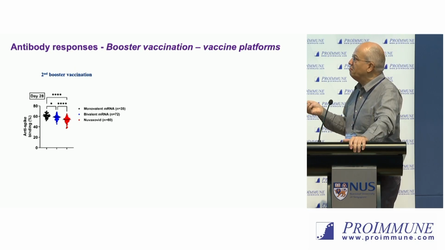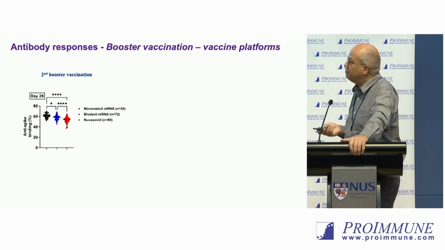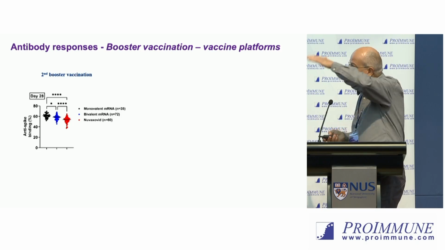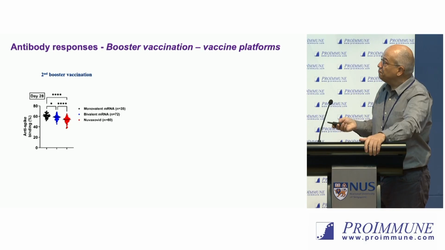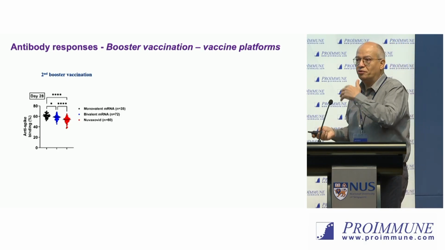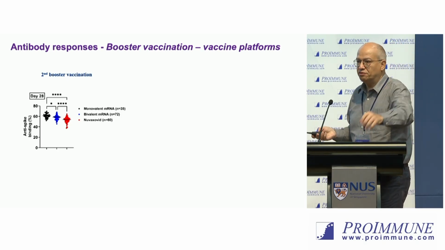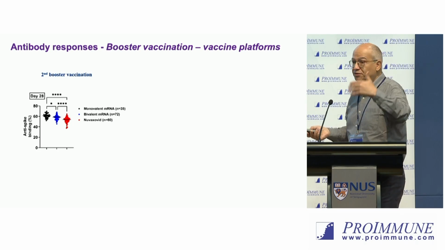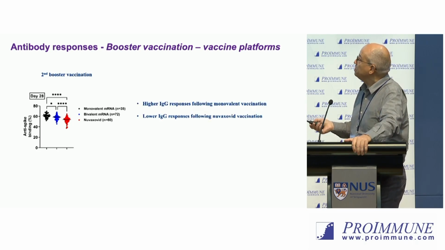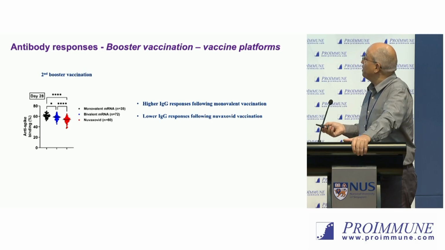Even the bivalent was okay, but not as good as the monovalent. And Nuvaxovid was a bit lower in terms of response. The advantage of this technique is also that we could clone in all the variants. We have a huge library of all the coronaviruses, so we could also evaluate the response to the different variants.